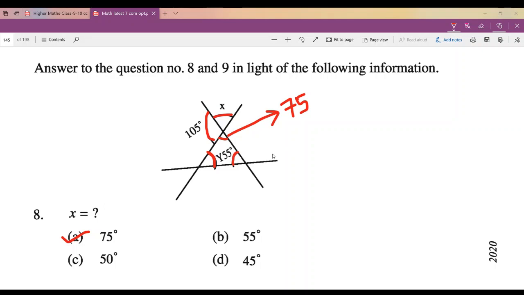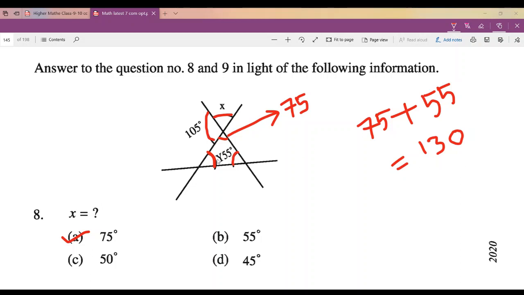The sum of these two is 75 plus 55, which is 130.